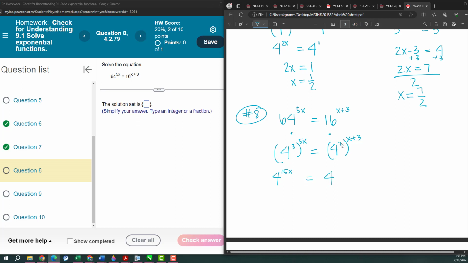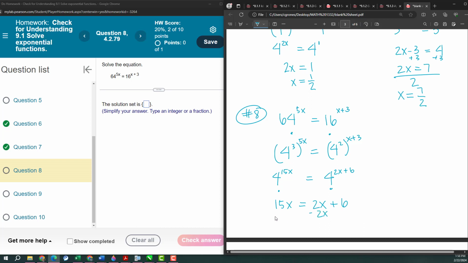And then on the other side, 2x plus 6, because 2 times 3. All right, so our bases are equal, so now we can set our exponents equal to each other. 15x equals 2x plus 6.